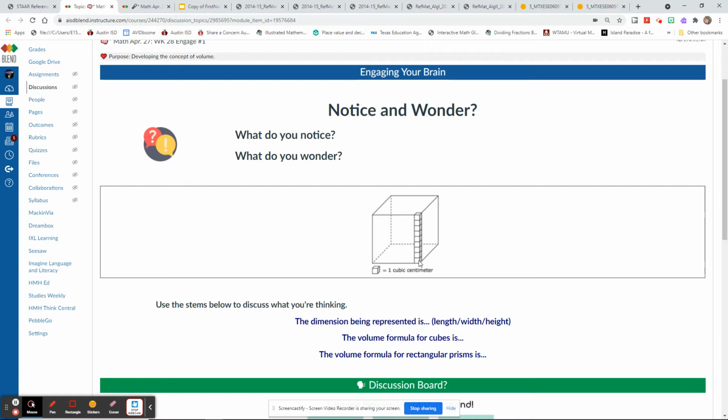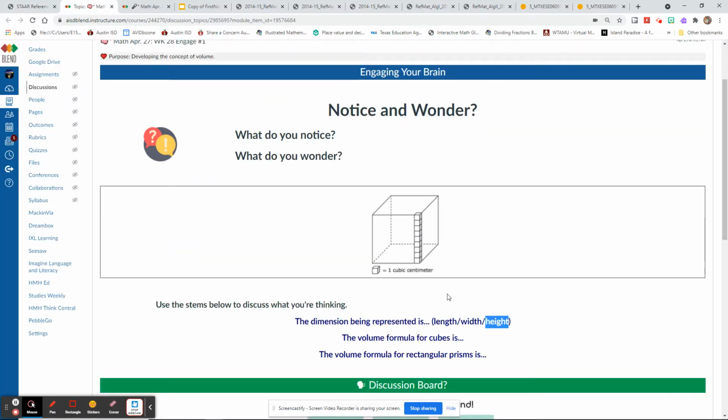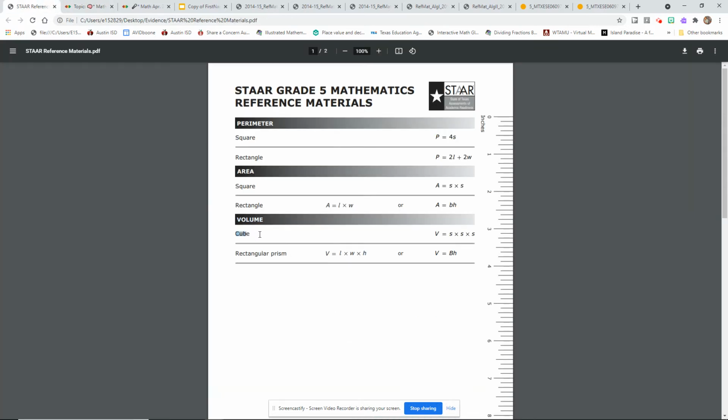We're looking at this, and it's 1, 2, 3, 4, 5, 6, 7, 8, 9 cubic centimeters tall, or the height is 9 cubic centimeters. Basically, if this was a cube, then we could figure out the volume. It does not say whether this is a cube or a rectangular prism, but we have a volume of a cube formula, and then we have the volume of a rectangular prism formula.